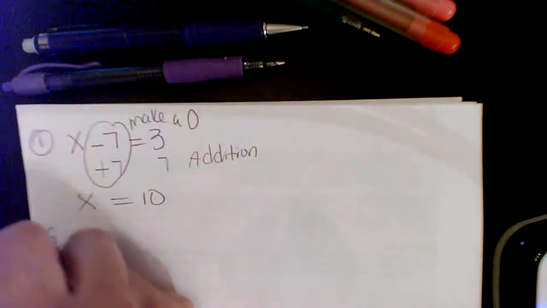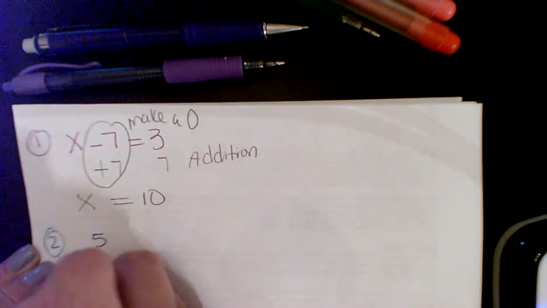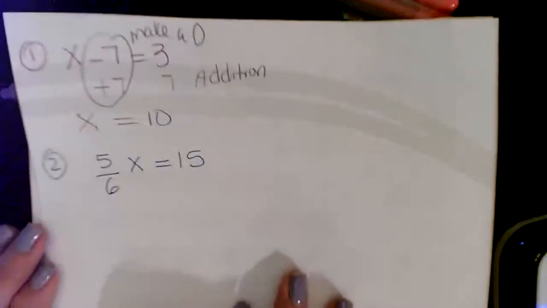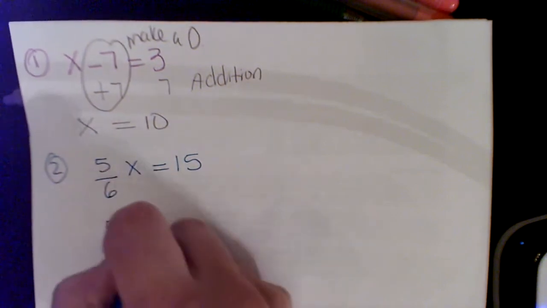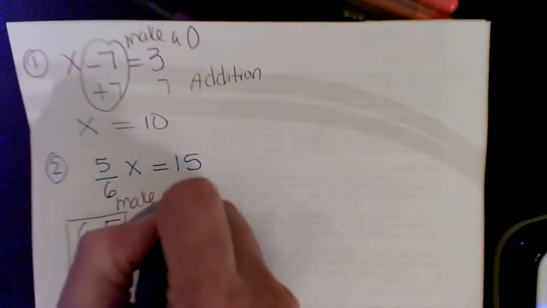Let's do another one. 5 over 6x is equal to 15. So I need to make a 1, right? And how do I make that 1? I need to multiply it by the reciprocal. And what's the reciprocal? 6 over 5. Right here, make a 1.